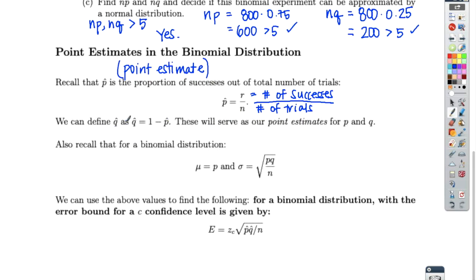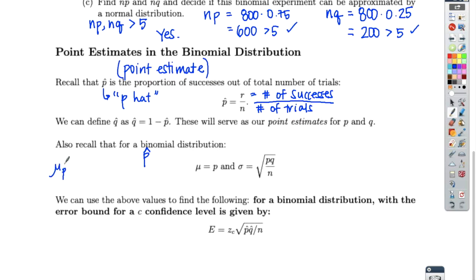And just the same as Q and P have to add up to 1, same with Q hat and P hat. And again, what I'm saying here is hat. That's what that little caret thing is, it's a hat. So again, these are our point estimates for P and Q. And if you're looking at your formula sheet, this is for the P hat distribution.